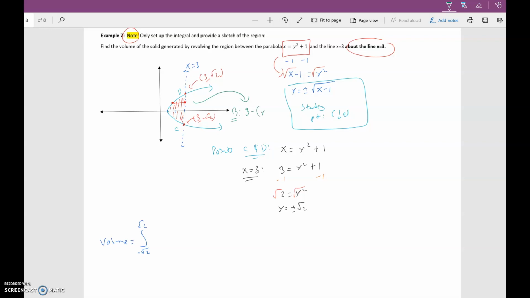The function is y squared plus 1, so this is equivalent to 3 minus y squared minus 1, or 2 minus y squared. These will be the radii that this function has if you revolve along the line x is equal to 3.